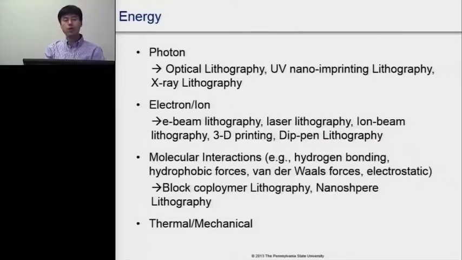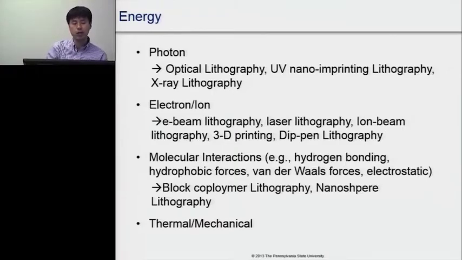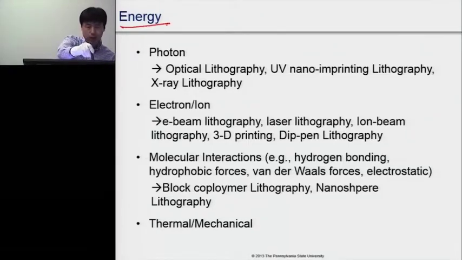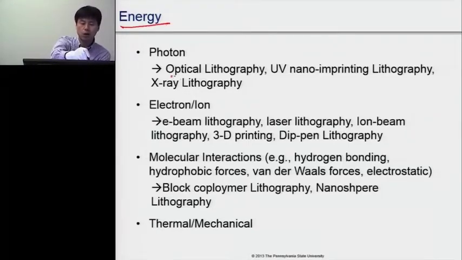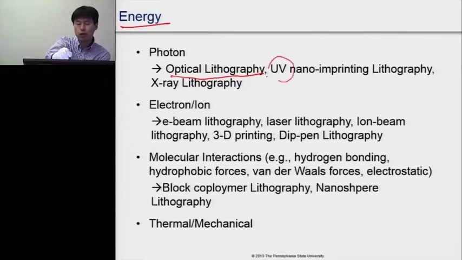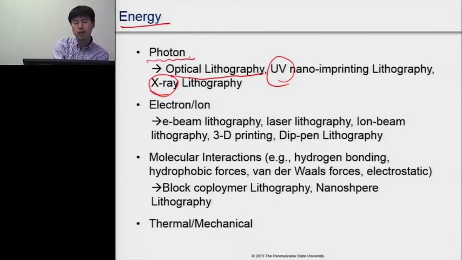So when we have designs or patterns ready, we need another kind of component, and that is energy. For optical lithography, UV nanoimprinting, or X-ray lithography, we use photon energy.